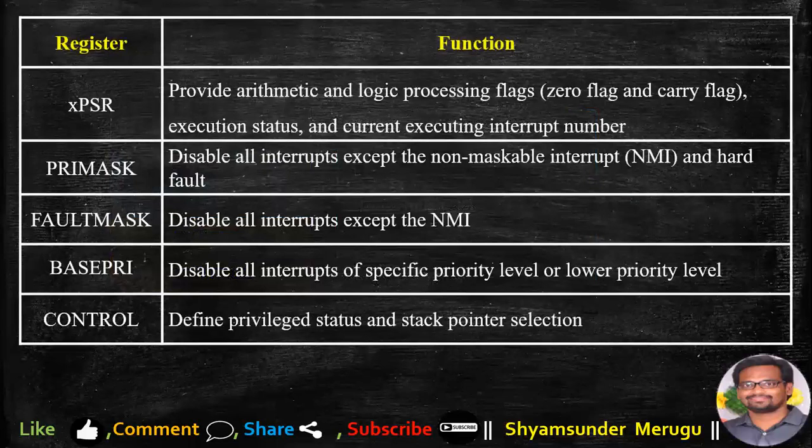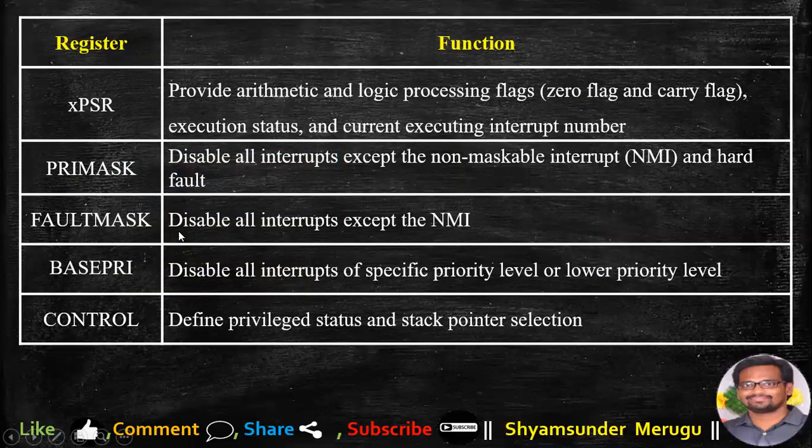Let us see the function of each special function register here. The PSR, program status register, provides the arithmetic and logic processing flags such as zero flag, carry flag, execution status, and current executing interrupt number. PRIMASK is the interrupt mask register. It disables all interrupts except the non-maskable interrupt NMI and hard fault when it is set to 1.